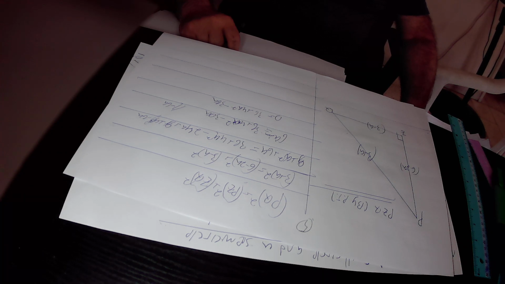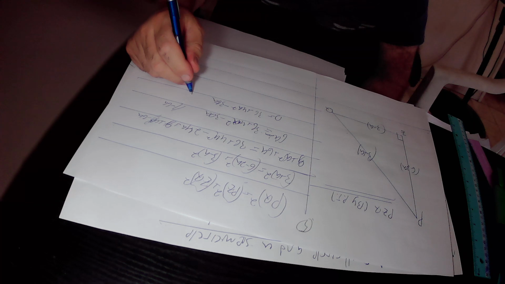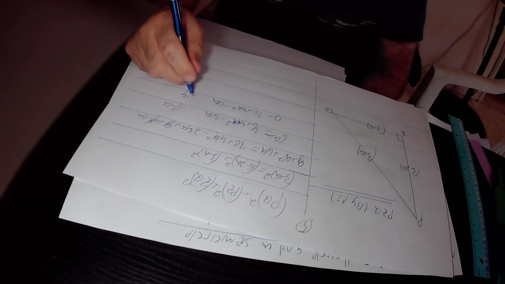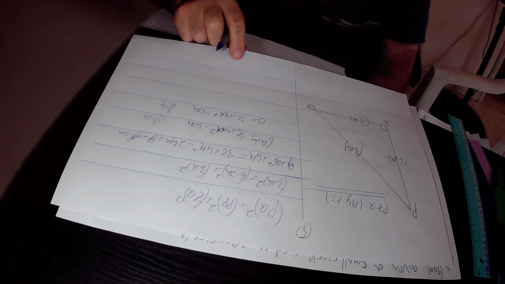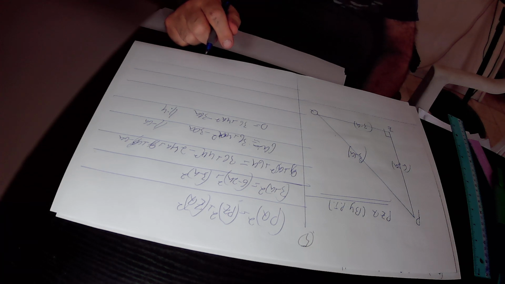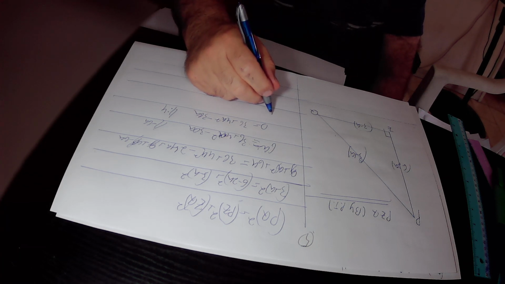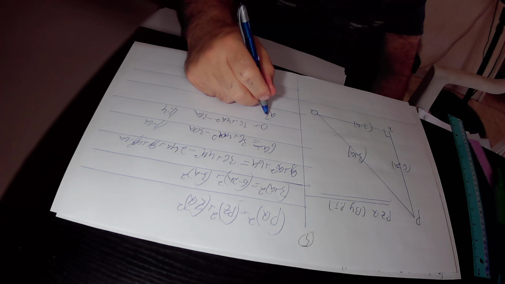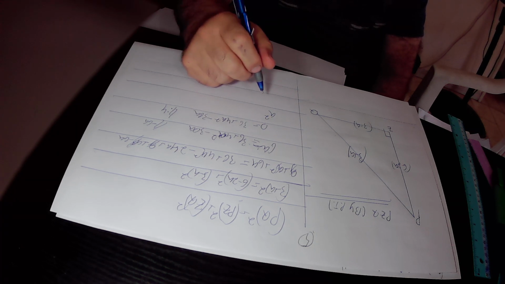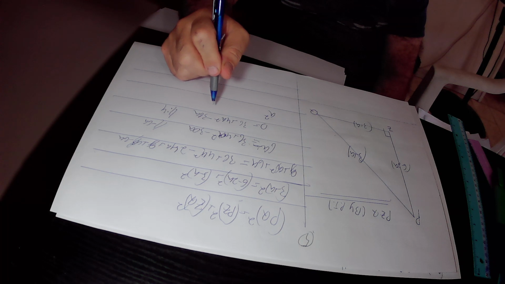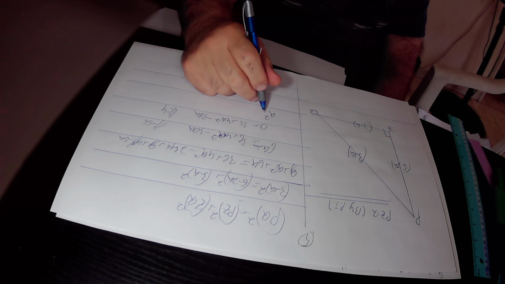Here we divide this equation by 4. And we get that 4a squared over 4 is a squared. We have minus 36a over 4, which is minus 9a.